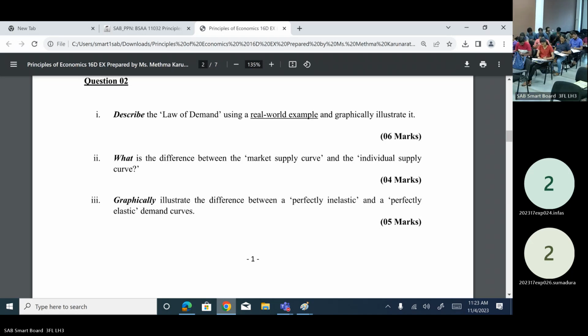Next one. Graphically illustrate the difference between a perfectly inelastic and a perfectly elastic demand curve.